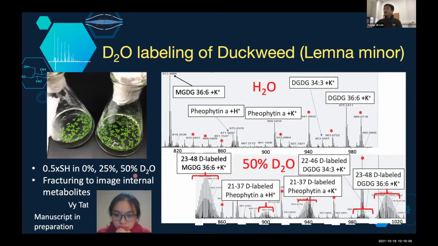And then when we get the images, this mass spectrum is actually obtained by fracturing the leaf and investigating inside. And we can see these compounds, chloroplast membrane lipids, MGDG, pheophytin-A, and DGDG. When they are labeled, you can see a lot of shift.